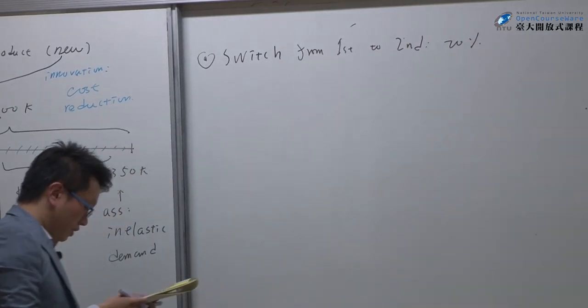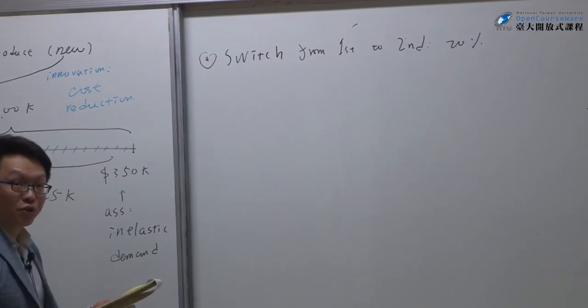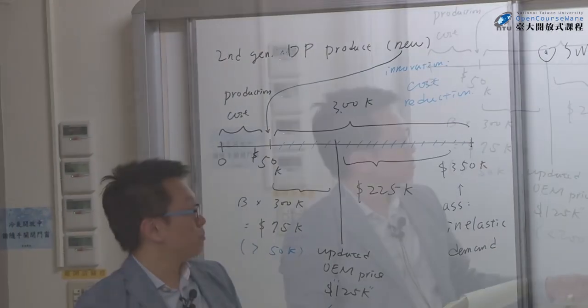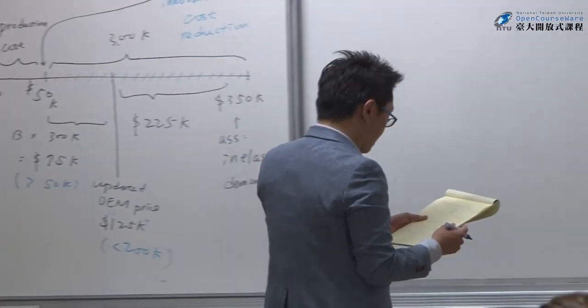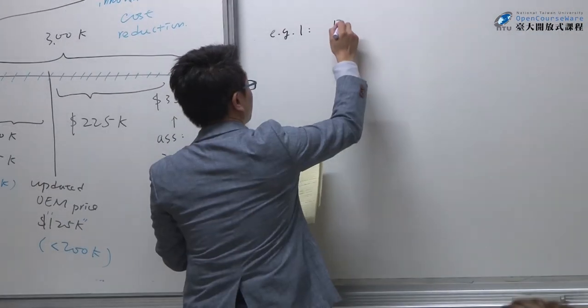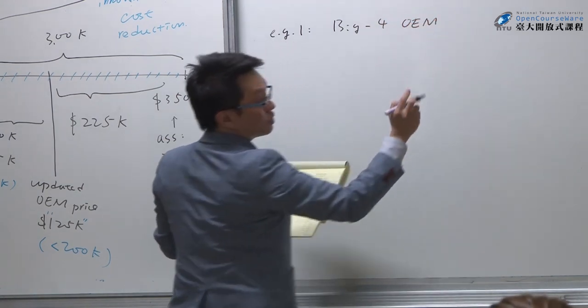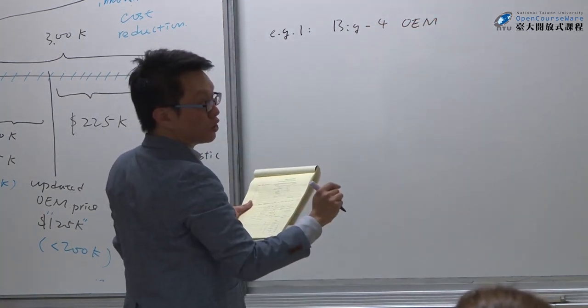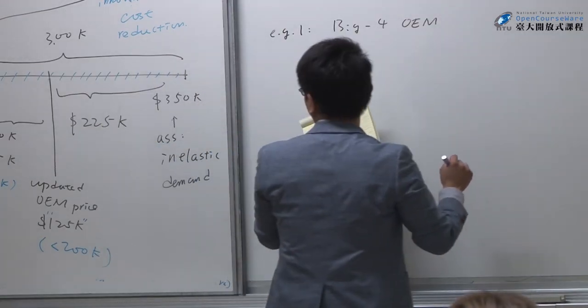How do we use this 20% information to calculate the market share for each OEM? We look at the market share data here. So this is the existing market share. And we start to use Big Four OEMs' previous market share data to calculate the new market share using second generation DP product information.